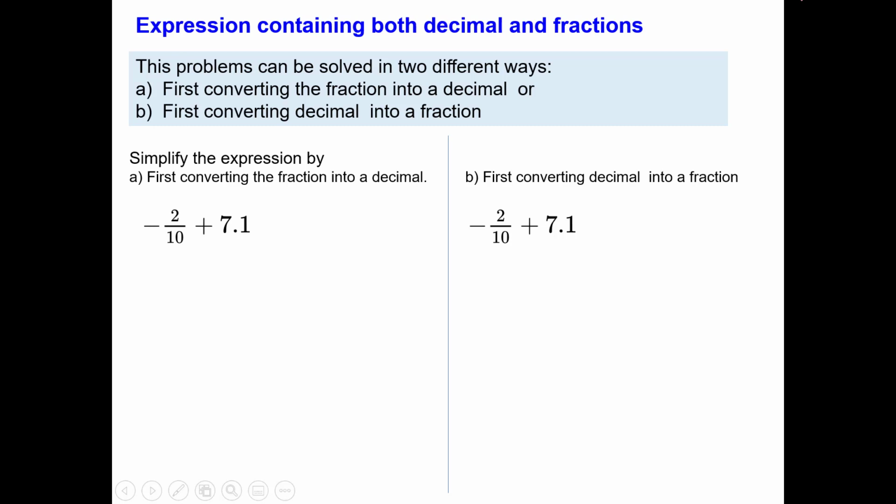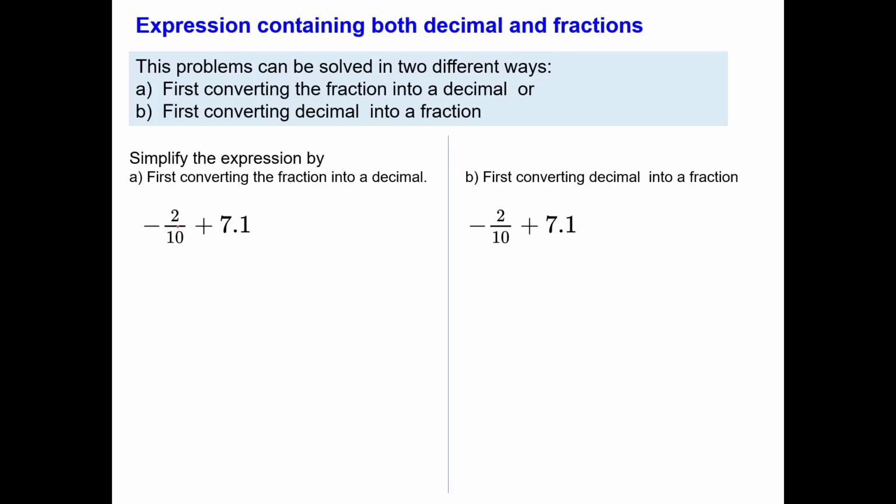To convert this fraction into decimal, we know the denominator is 10. If the denominator is 10, we need to move the decimal point one place to the left. We just move the decimal place here, and we will have 0.2.